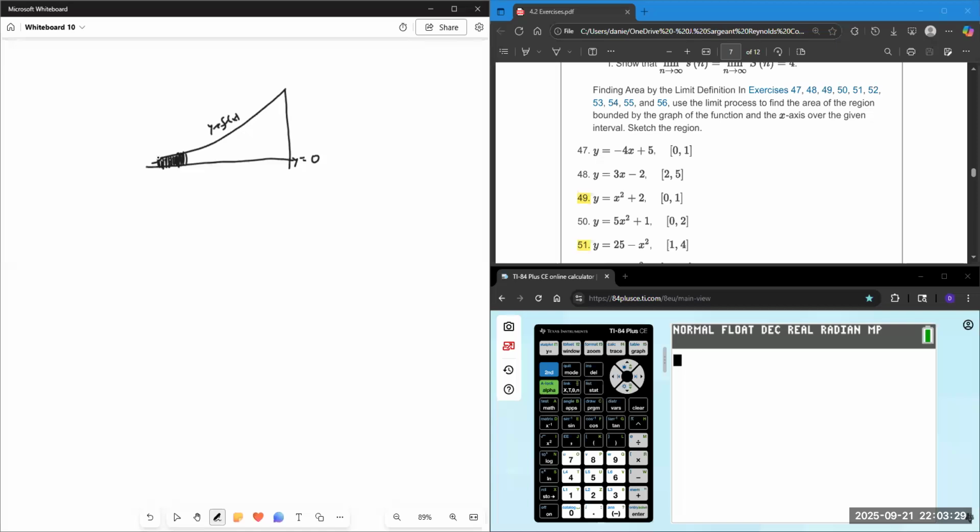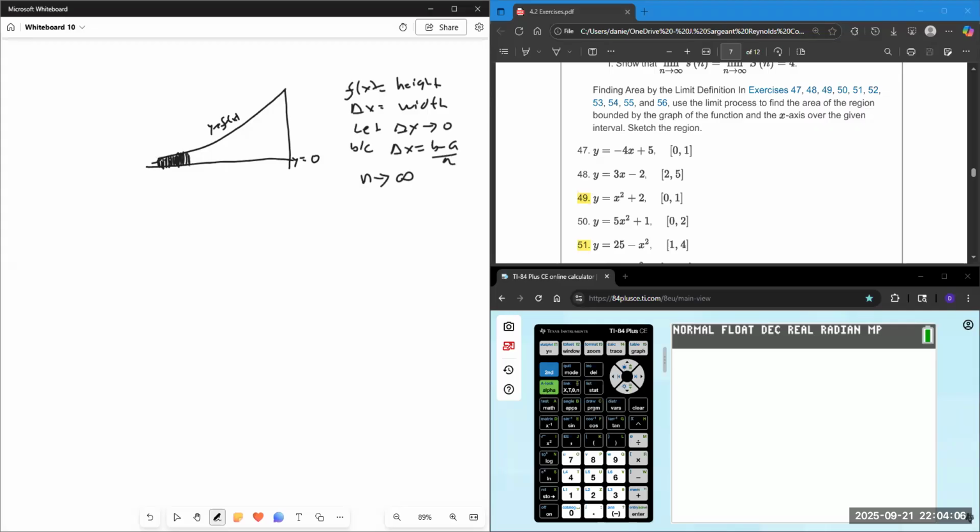The f of x will be my height of my rectangle, delta x will be my width, and I'm going to let delta x go to 0 because the formula for delta x is b minus a over n, and really I'm going to let n go to infinity, and that's going to force this delta x to go towards 0 because any constant over infinity is going to approach 0.